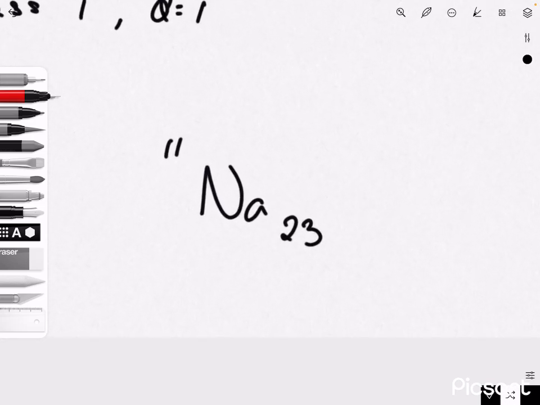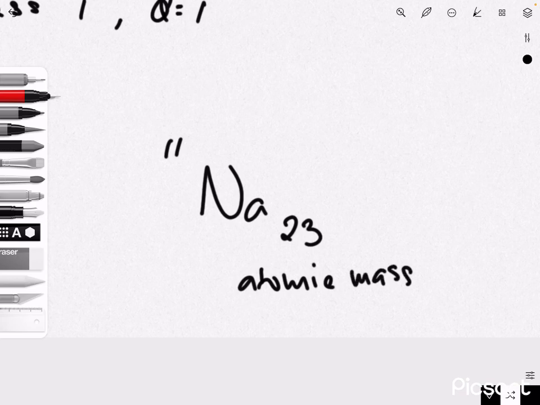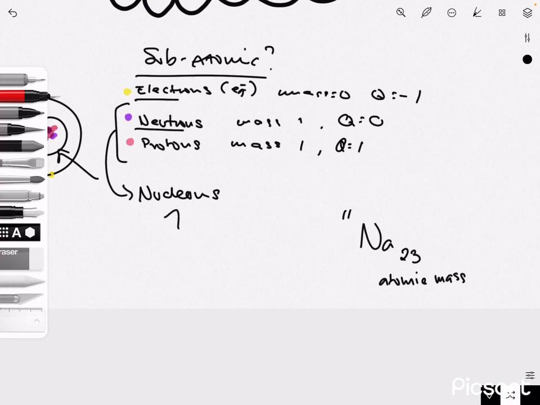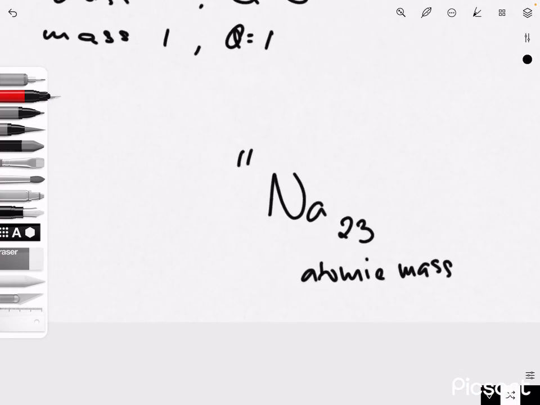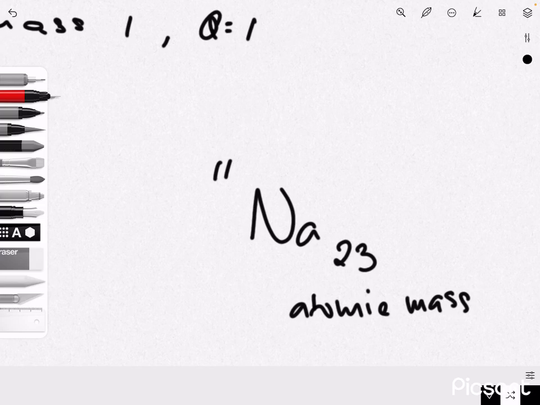And here, the number 23 represents our atomic mass. Atomic mass tells us how many nucleons there are in the nucleus. And Na here is just the chemical symbol of the element sodium.